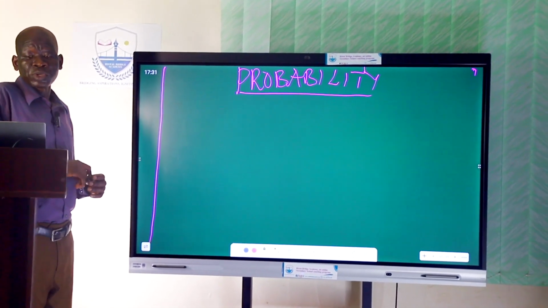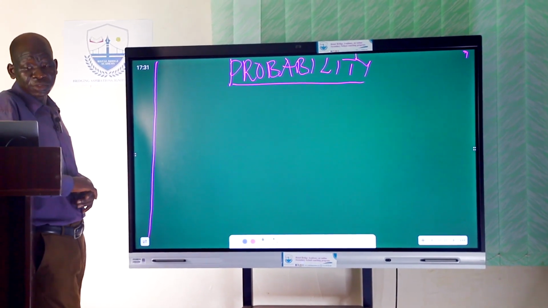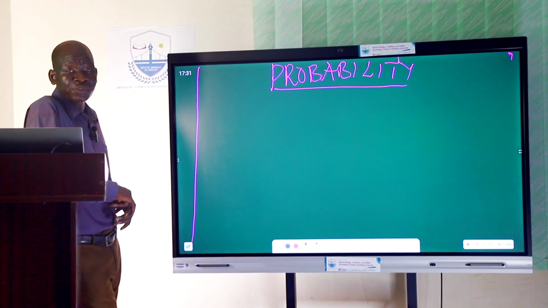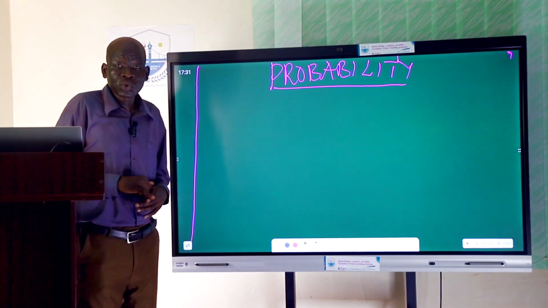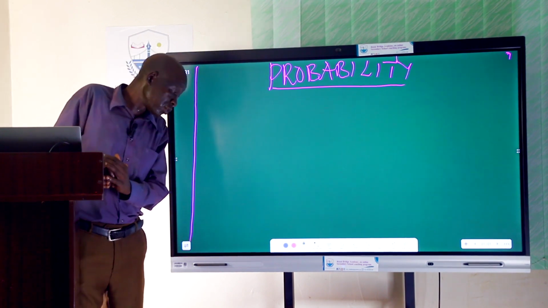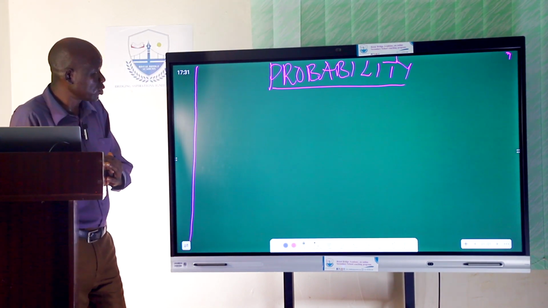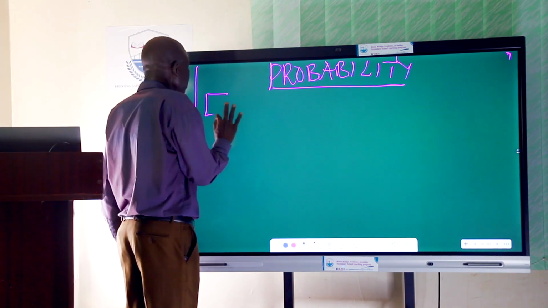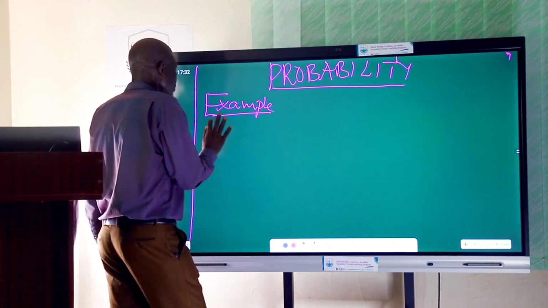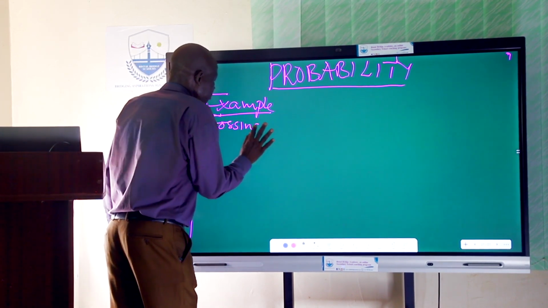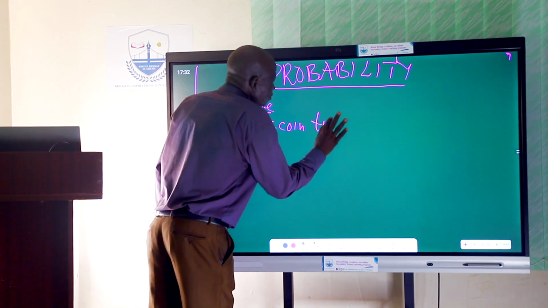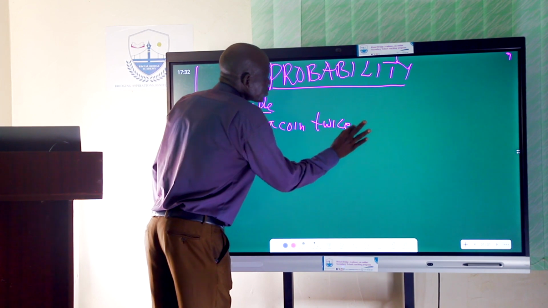Like when we toss a coin twice, you find that there are a number of events which occur. So we can look at an example of tossing a coin twice. Twice means 2 times.